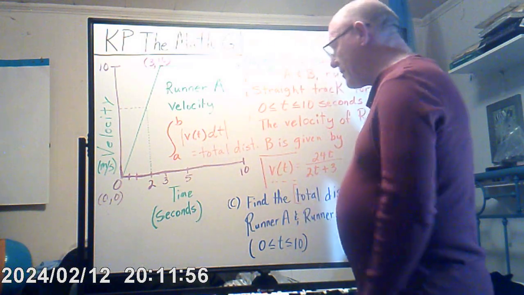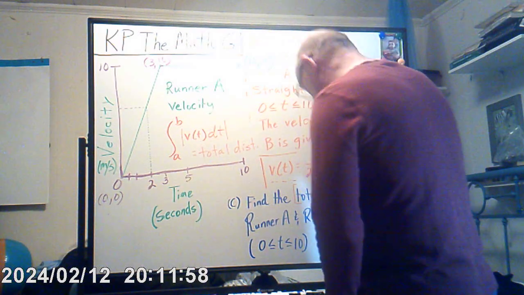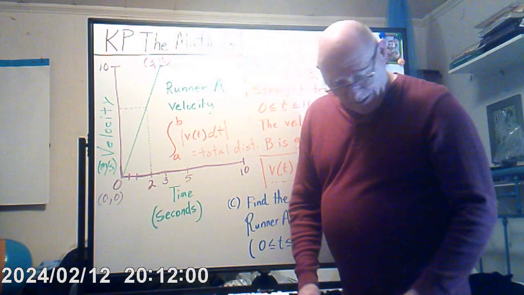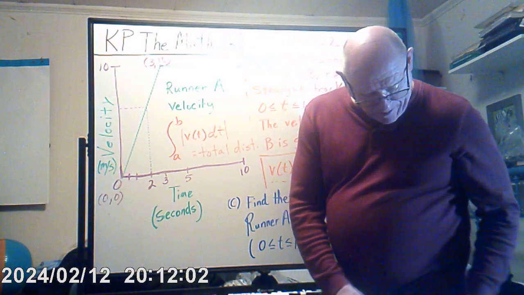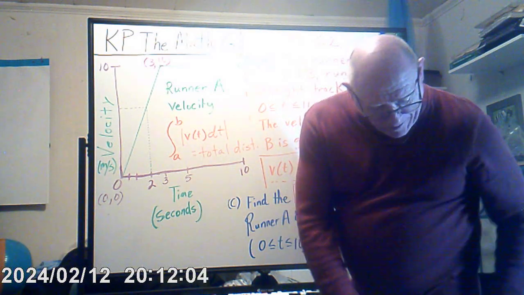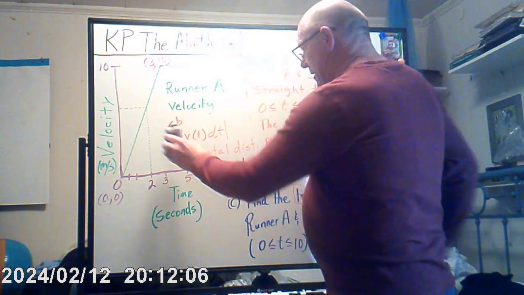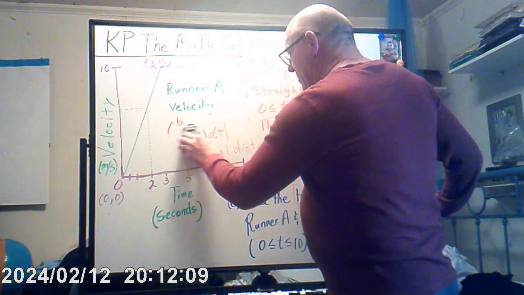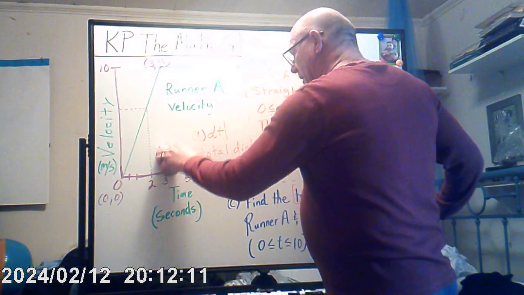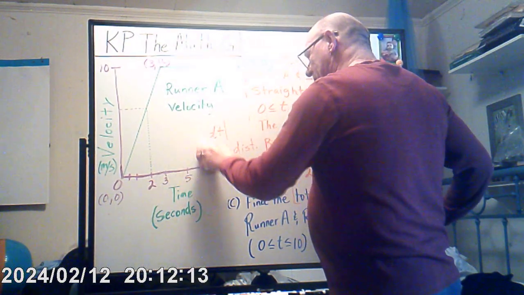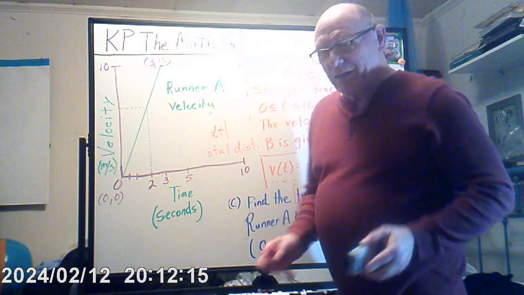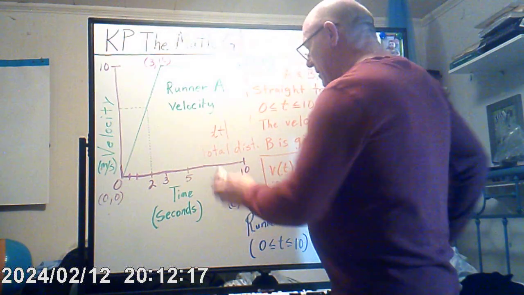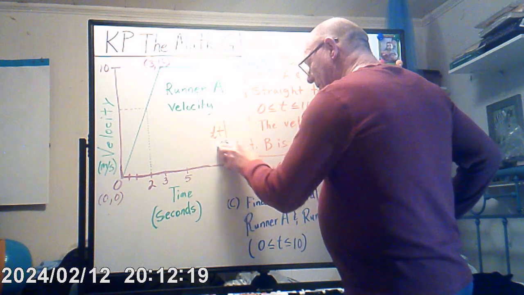All right, so let's deal with runner A. I just want you to be familiar with this. You probably already know it, but you may need a review. Sometimes my students ask me when you do a derivative and when you do a definite integral.